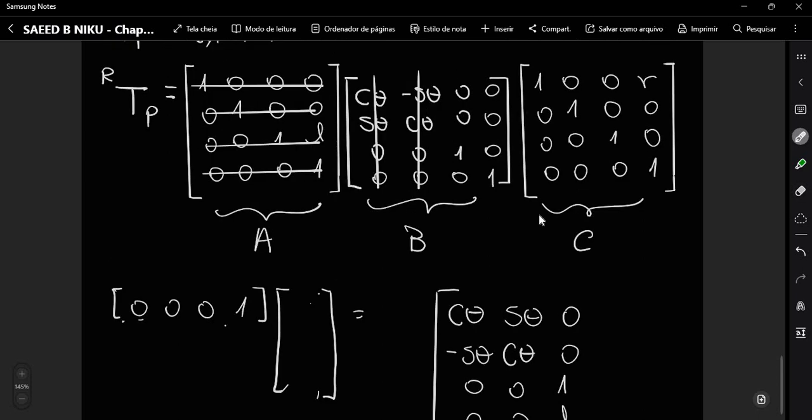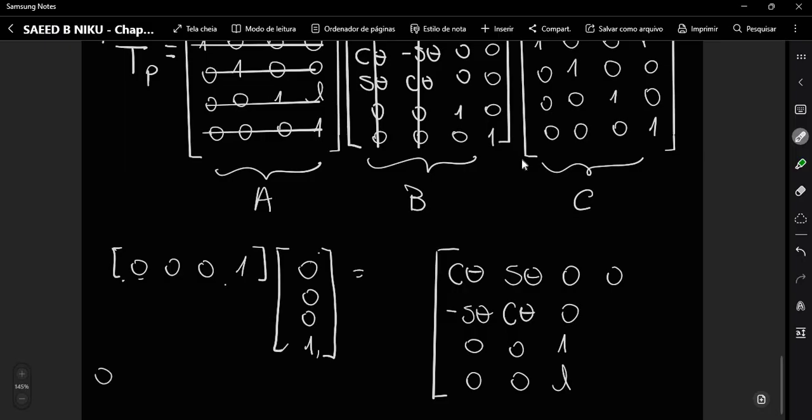So 0 times cosine of theta, 0 times sine of theta, 0 times 0, and 1 times 0. So this element is 0. Right here, it's all 0 as well. This column will be all 0. Just this column we will obtain an element different from 0. So 0 times 0 plus 0 times 0 plus 0 times 0 plus 1 times 1, which is equal to 1.